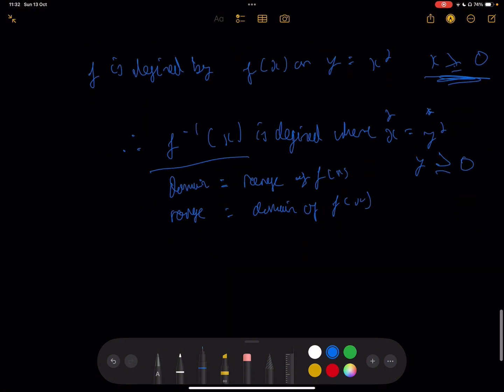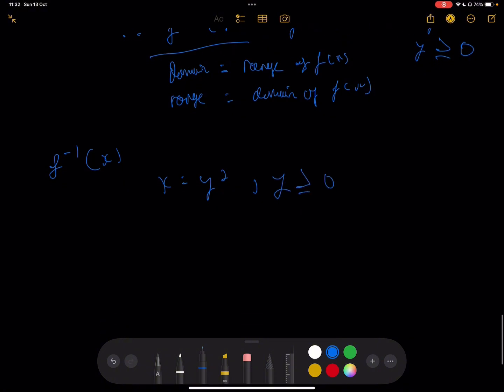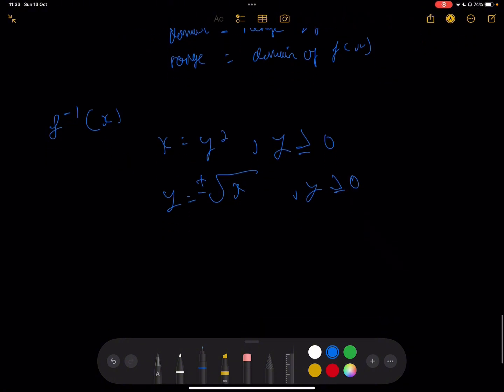So what would this look like? We can see that x is equal to y squared. So this is for f minus 1 of x, where y is greater than or equal to 0. So then we can state that y is equal to the square root of plus or minus x, where again y is greater than or equal to 0. So what does this mean?